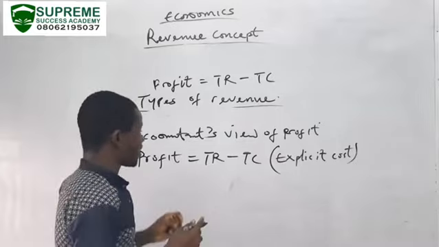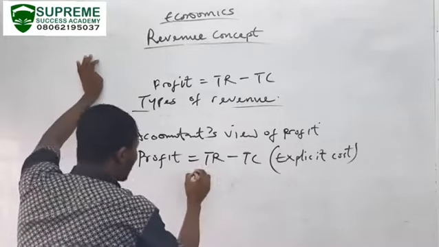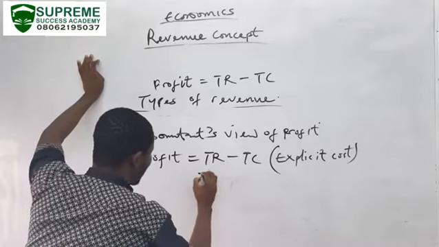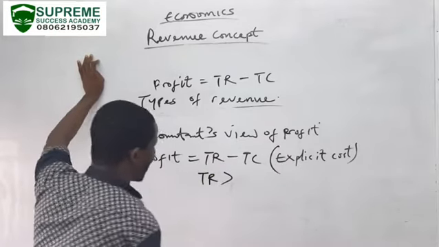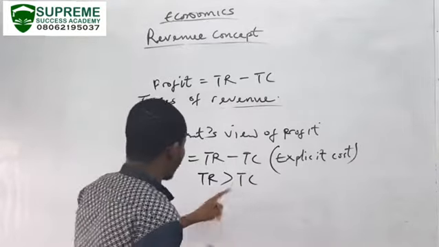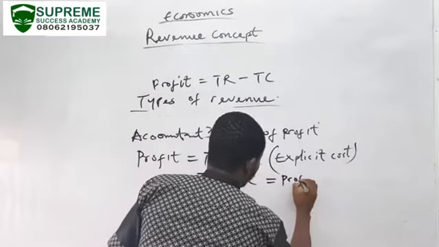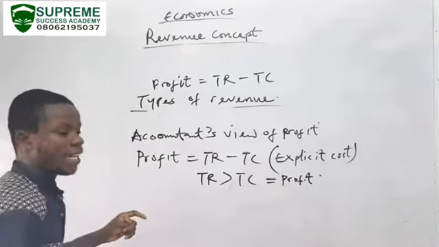So what this means is that accountants believe that when the total revenue is greater than the total cost, then there is profit.